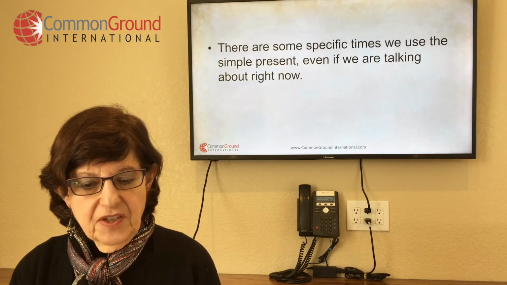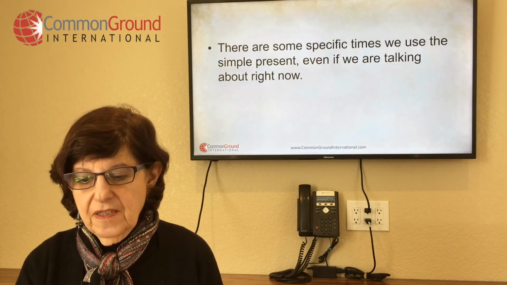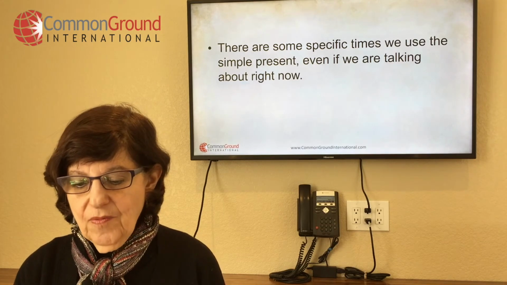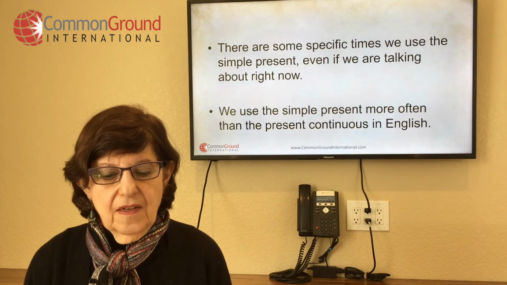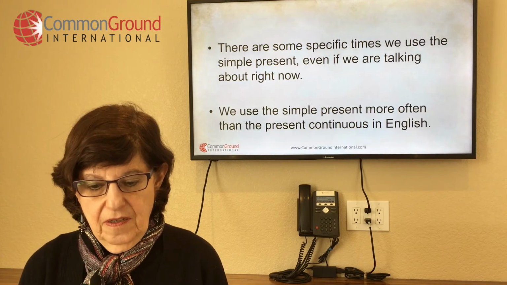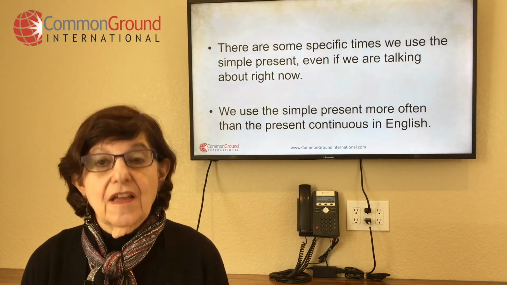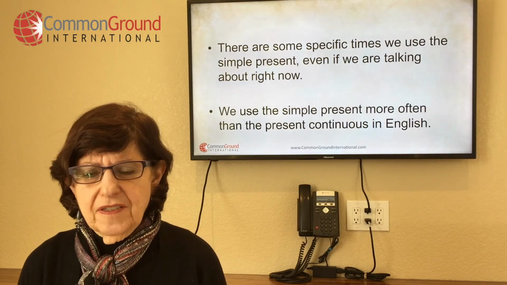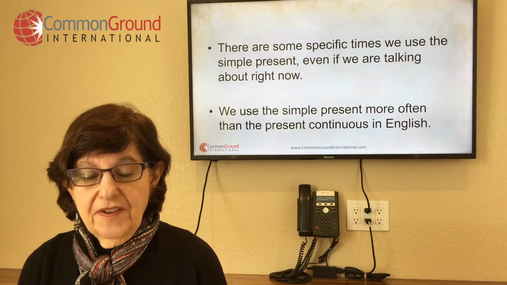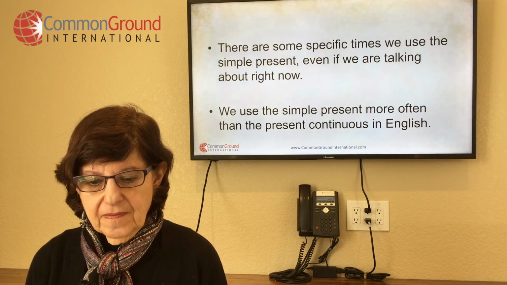There are some specific times when we use simple present, even if we're talking about right now. And we talked about all of those 7 different times. We use the simple present more often in English than the present continuous. So again, if you're not sure what to use, you will be right more often if you use simple present.